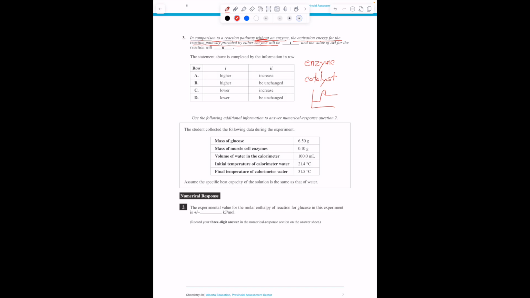So the activation energy would be lower, and the delta H value does not change. So the answer here is D. Remember, the delta H remains unchanged. The catalyst changes the activation energy, but it doesn't alter the delta H. So that's D.